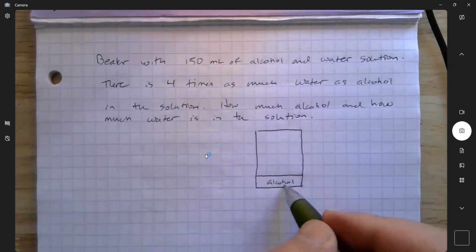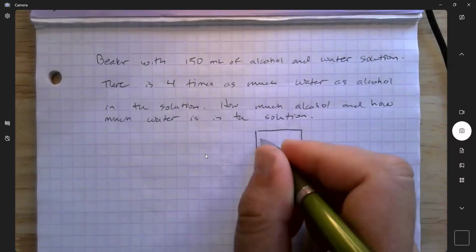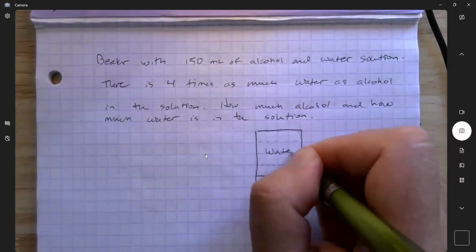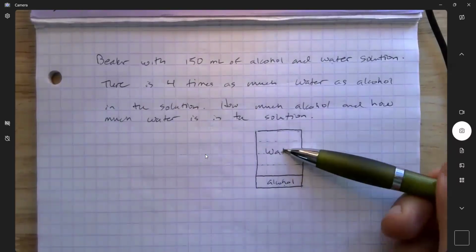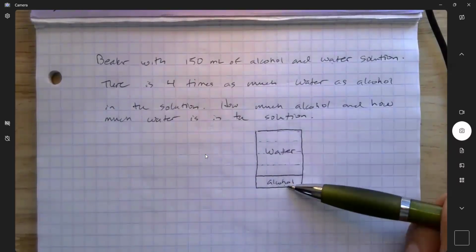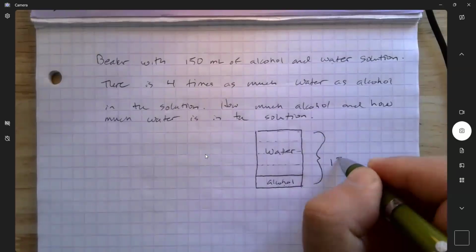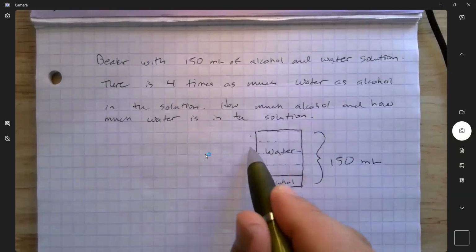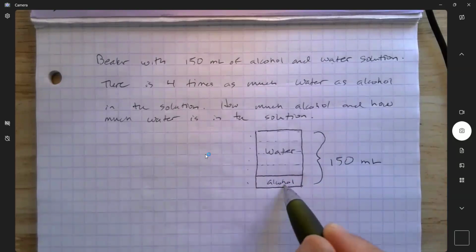And if I have 4 times as much water, then I have 1, 2, 3, 4 times as much water right there. This picture shows me that there's 4 times as much water as there is alcohol. And I know total, there's 150 milliliters, which means I have 1, 2, 3, 4, 5 times the amount of alcohol.